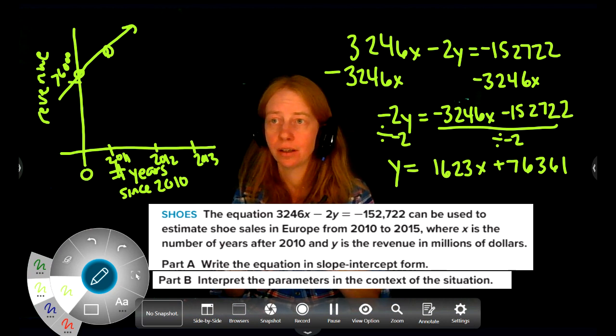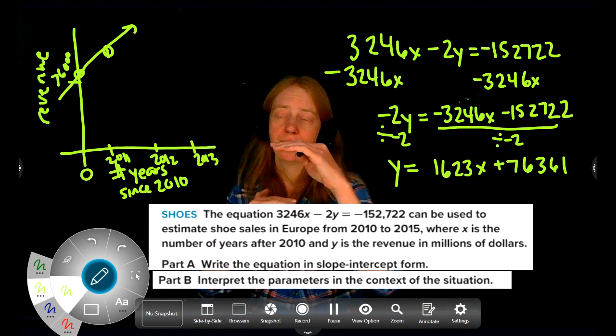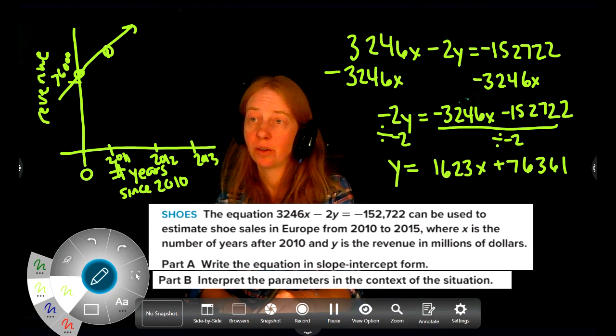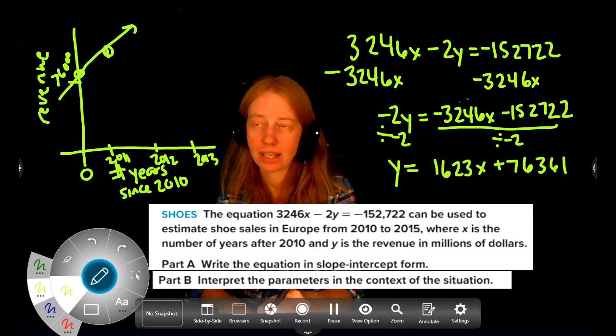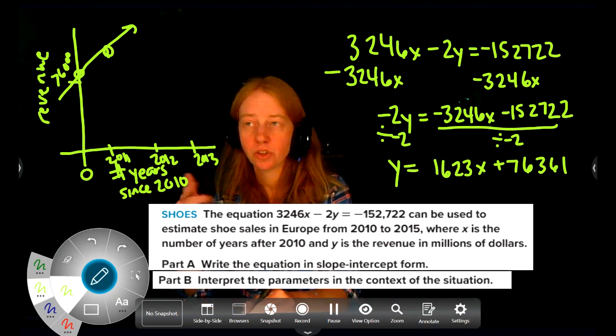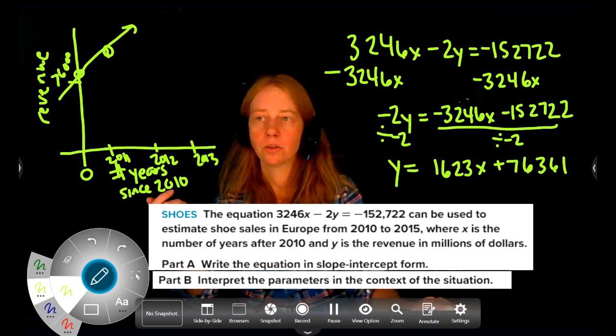So every year, how much money they make increases by 1,623. Okay, that's how much we go up when we go over 1 year. So up 1,623 in revenue each year that they keep selling shoes. Okay, and this number, 76,361, represents that in 2010, that's what the sales were. Okay, so that's how you interpret in context.